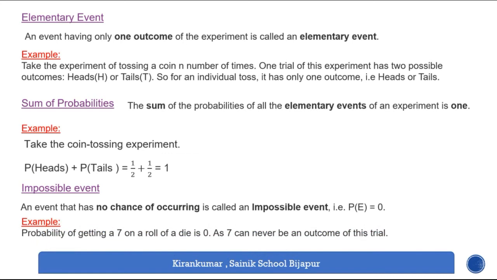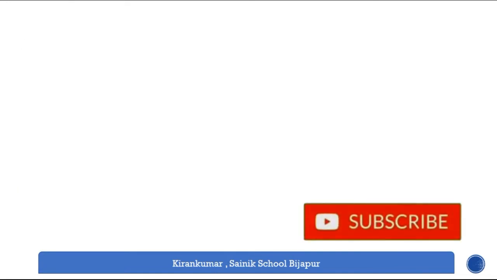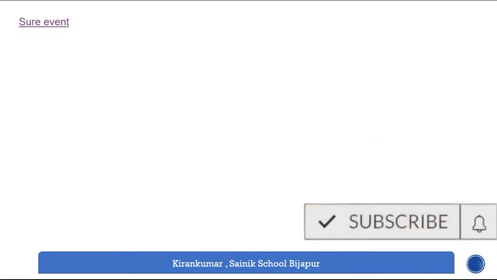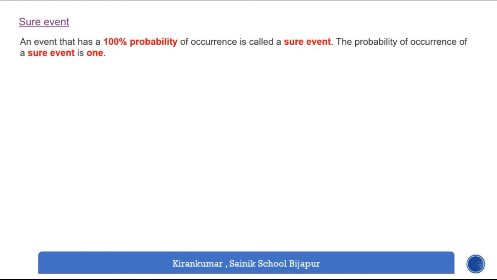Contrary to the impossible event, we have certain event or sure event. An event that has 100% probability of occurrence is called a sure event or a certain event. The probability of the sure event is always 1. For example, if a die is thrown, what is the probability of getting a number which is less than 7?